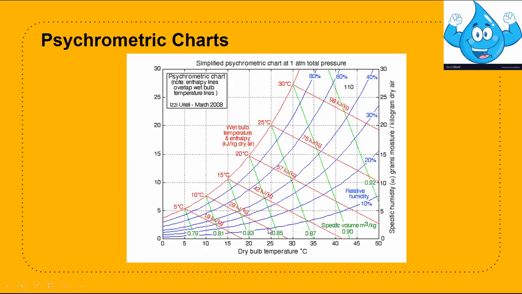I'm sure the one that you have in your handbook is not colored, so it will be quite a challenge to read compared to this one wherein all the lines have colors and you could see the corresponding line, what it is, and the corresponding value of a particular line. So if a particular value, for a property or characteristic that you're going to read from here, is not right on a curve or not right on a line, you are to approximate based on the lines or the curves that you are seeing.